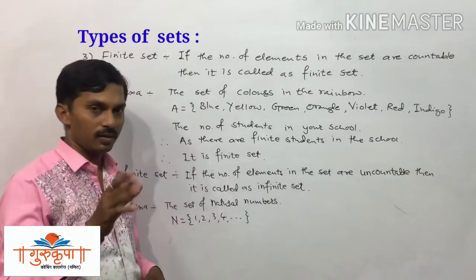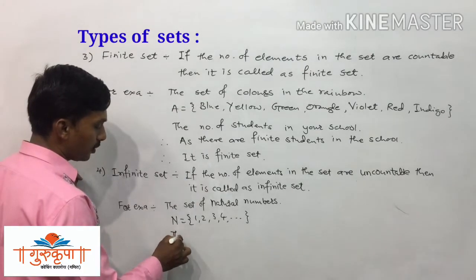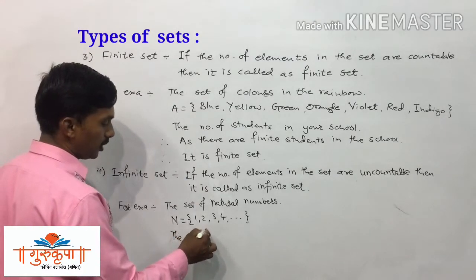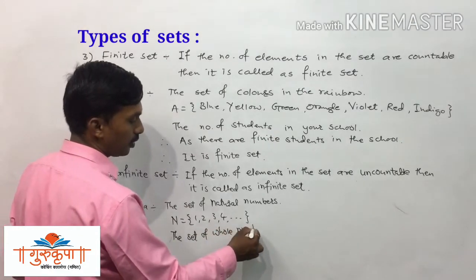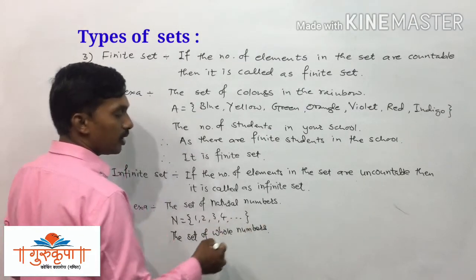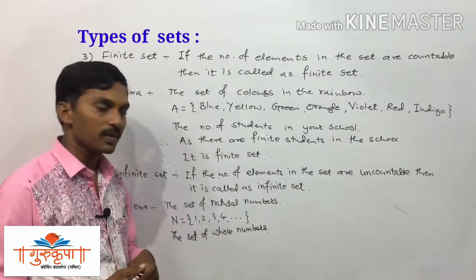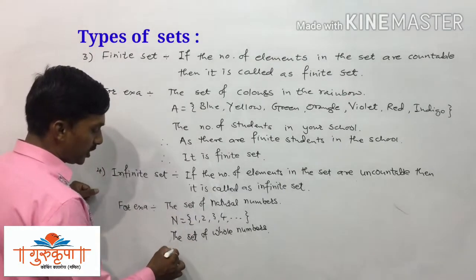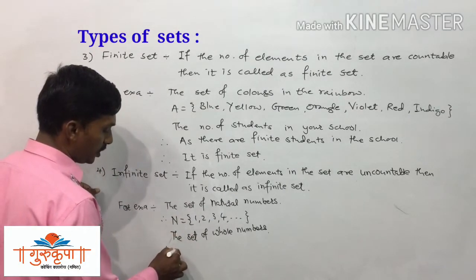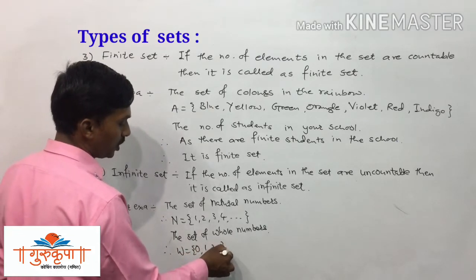You can write one more example, that is the set of whole numbers. It is also an infinite set. As there are infinite whole numbers, the set of whole numbers is an infinite set. You can write that set as W is equal to 0, 1, 2, 3 and so on.